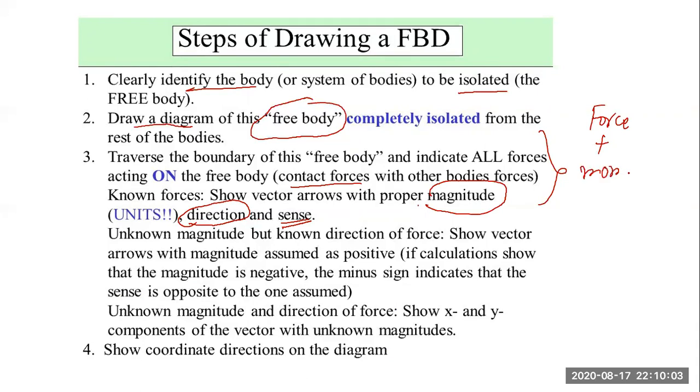That means the effect is not only in force, because we have seen sometimes it may be with couples like this. So if they are there, we have to clearly mention the moments or the couples. All these possible types we have to mention and show clearly. Otherwise, that free body diagram will not be considered a correct diagram. And if the free body diagram is not correct, it is never possible to solve that problem.